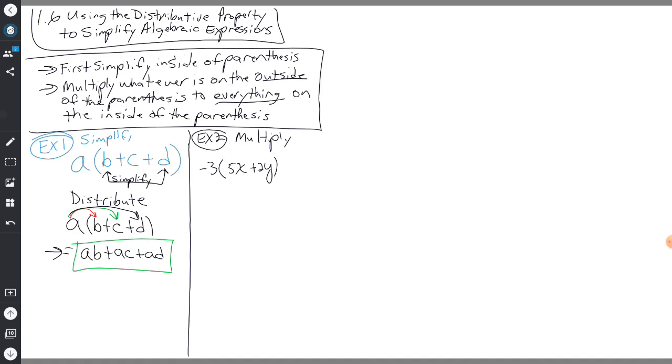Okay, so again, we first look on the inside when we're trying to simplify. We cannot do anything with the inside because there are different variables there. So that stays the same. Now it's just a matter of distributing what's on the outside.